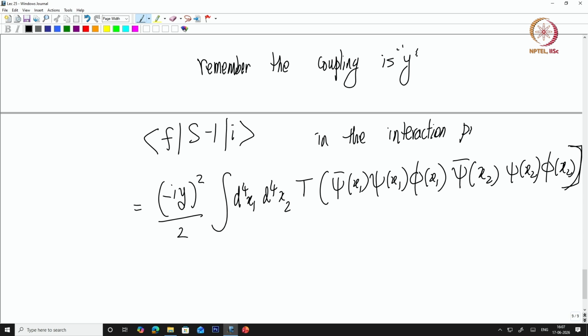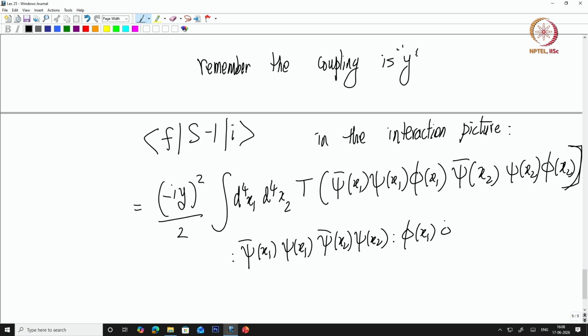You have to take into consideration all possible contractions. So you have the normal ordered psi(x1), psi-bar(x2), psi(x2), normal ordered, phi(x1), phi(x2).